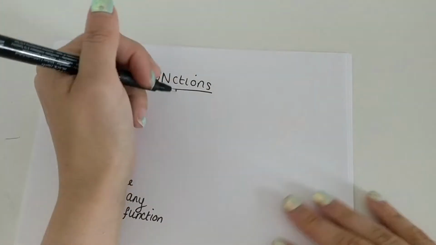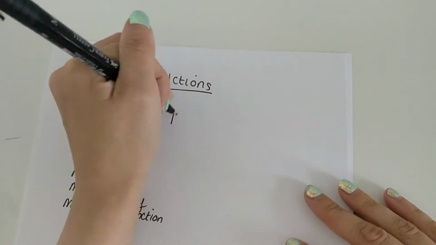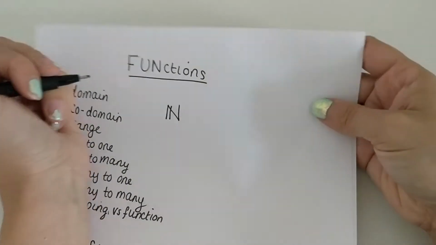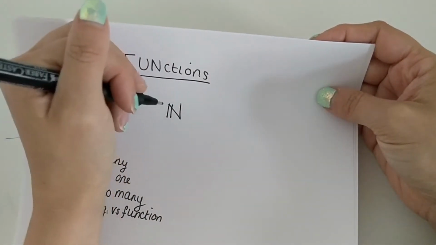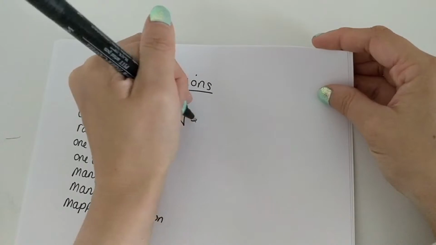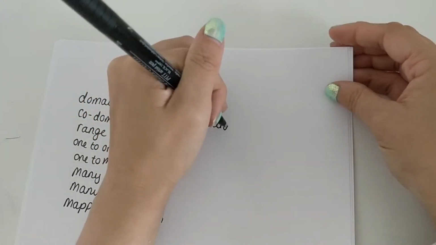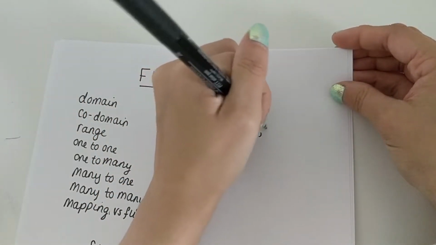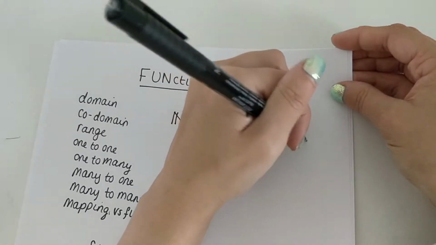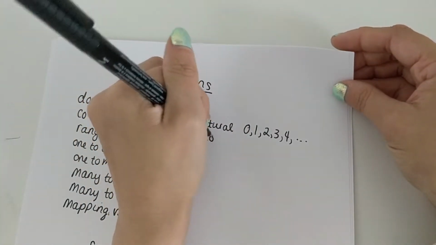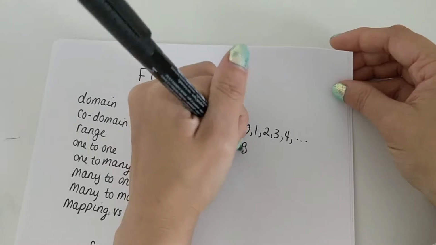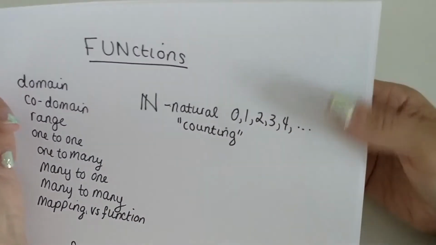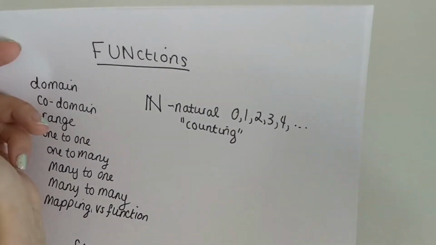So, right, natural numbers is written like that. It's called blackboard bold, that's what that's called. So that's natural numbers. The natural numbers are 0, 1, 2, 3, 4, etc. They're the counting numbers. Now, there is some debate over whether 0 is a natural number or not.